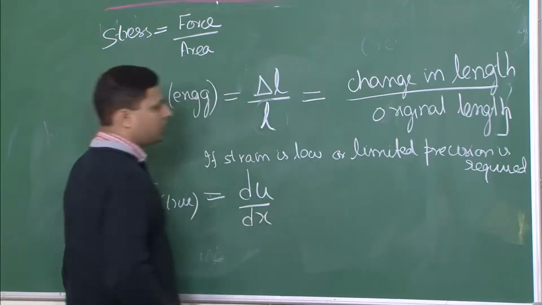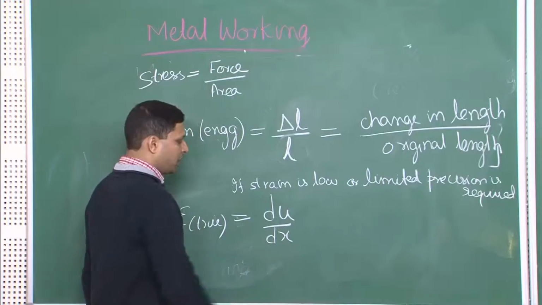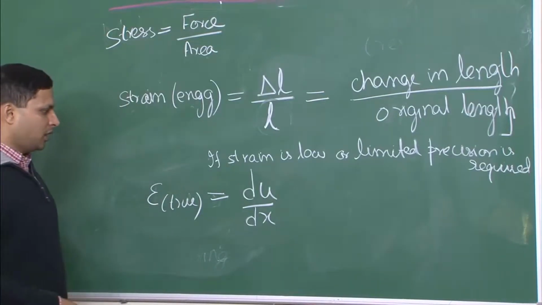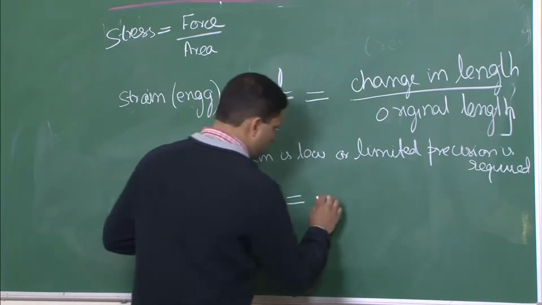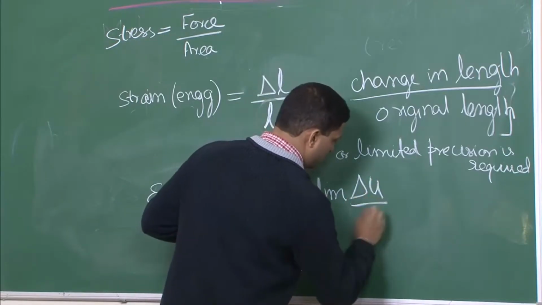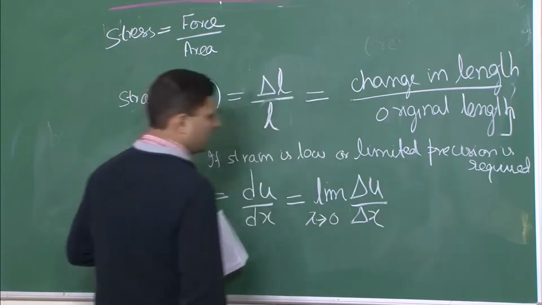So, this defines instantaneous change in value. Here u is the displacement, x is the point at which this instantaneous displacement has taken place, or if you were to approximate it, this becomes the limit of delta u by delta x, with delta x tending to 0.